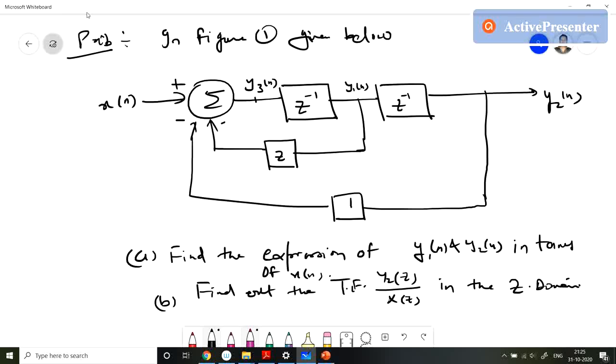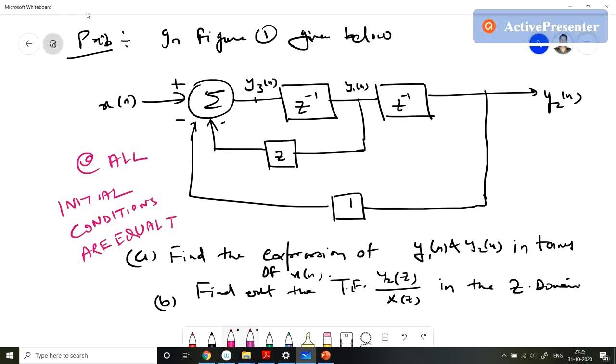And also we are assuming that all initial conditions are equal to 0. It is given that all initial conditions are equal to 0.